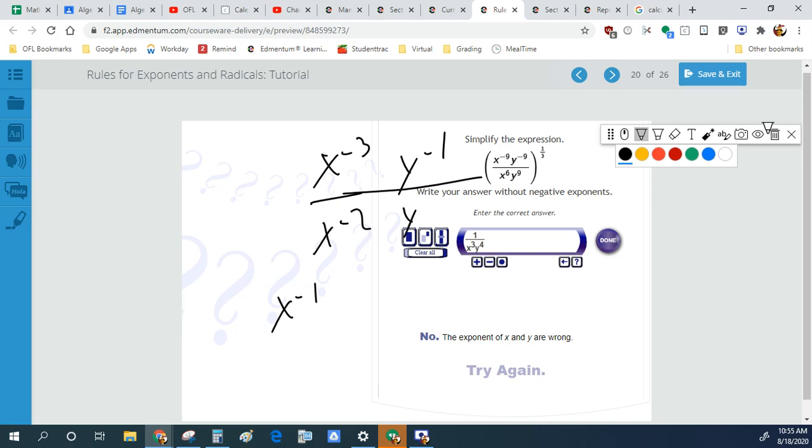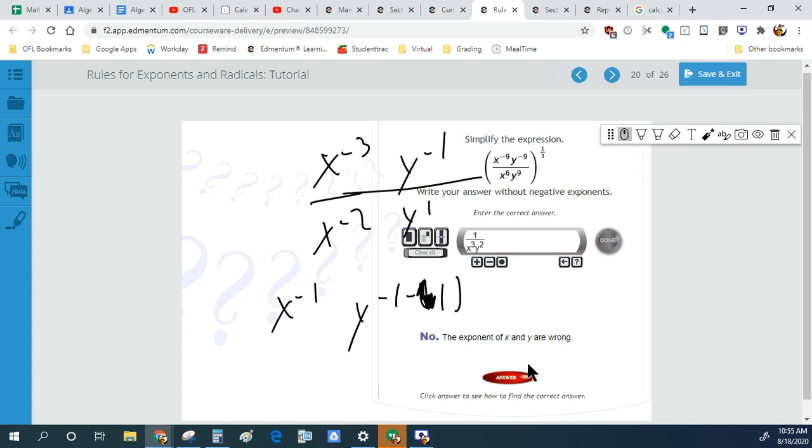Oh, y to the 1. Oops. This was supposed to be a 2. I don't know what happened there. I'll probably watch the YouTube video later and be like, oh, duh, that's how that happened. Oh, wait. That's a negative. Oh, there's no double negative here. Okay, so yeah, that should be a 2.